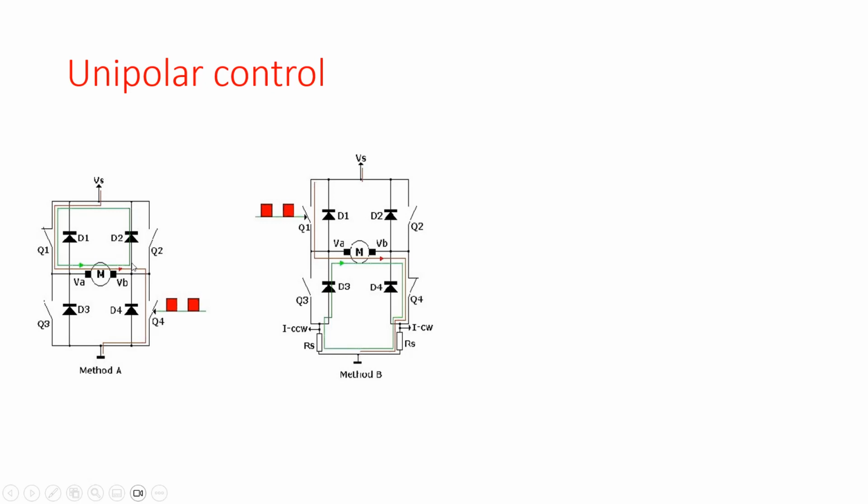And here we see why D2 is necessary. Unfortunately, these diodes are always in the MOSFET packages. So now let's have a look at the different voltages and currents. I have also drawn over here another method, which I have called method B, which is more or less the same situation as method A, only I have replaced the PWM to Q1, and Q1 is not closed all the time, but in this case it's Q4.